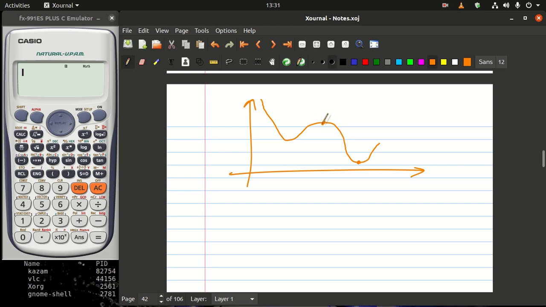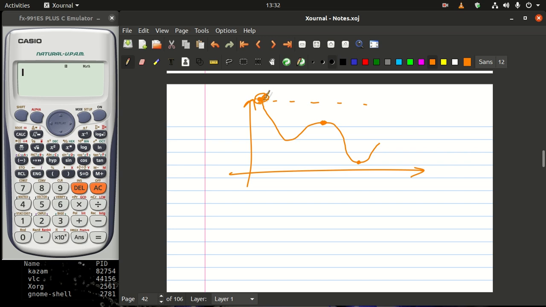This one is local maximum because this point over here is way above that point, so the absolute maximum will be here, not here. Here we're only having a local minimum, and of course this local maximum. And of course here we cannot say this is a local maximum, because when I'm trying to draw a circle, I cannot pick anything on the left, so it is only the absolute.